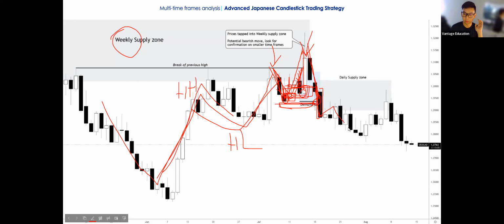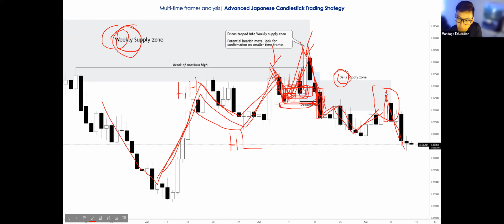And so as it goes lower, if you were to retrace to this level, we are looking for a sell. So for a weekly supply zone, we look for a reversal on a lower time frame, the daily, 5 minutes or an hour, and then price comes down here before it pushes. Again, if this is the daily supply zone, for example, and each candle represents 1 day, you want to zoom into the 5 minutes time frame.